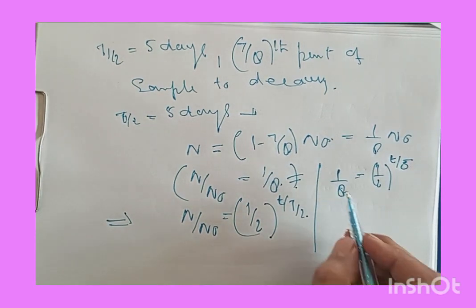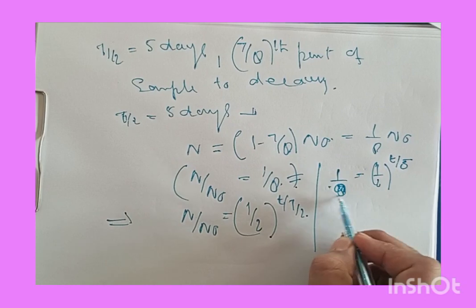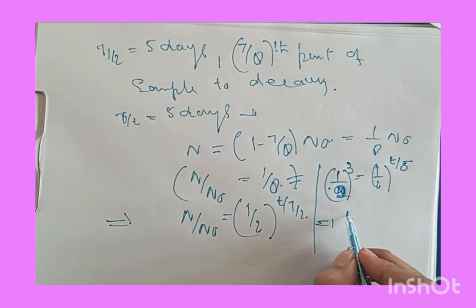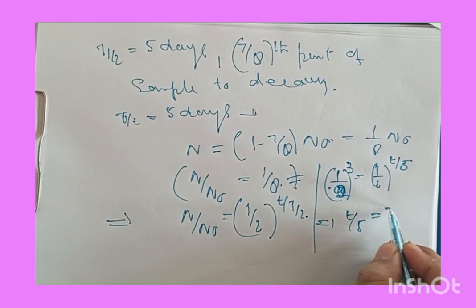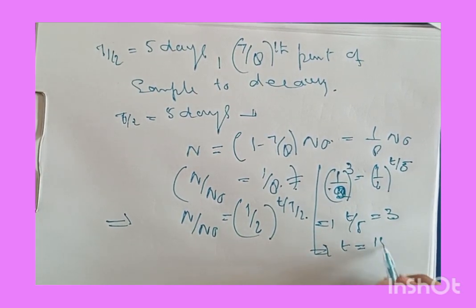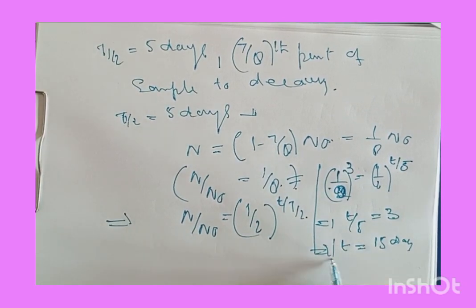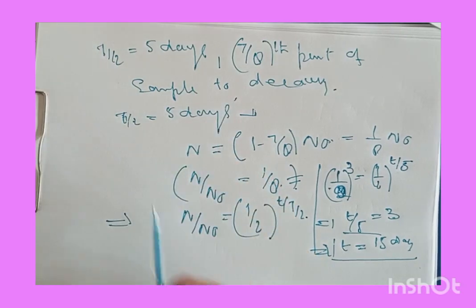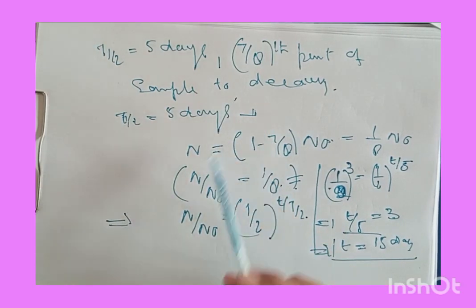So instead of 8 here, I can write 2 raised to the power 3. That means t by 5 is equal to 3. So t is equal to 15 days. So the 7 by 8th part of the sample will decay in 15 days.